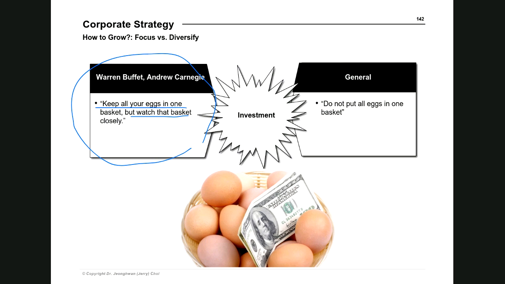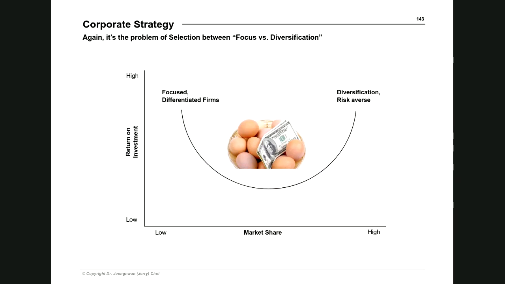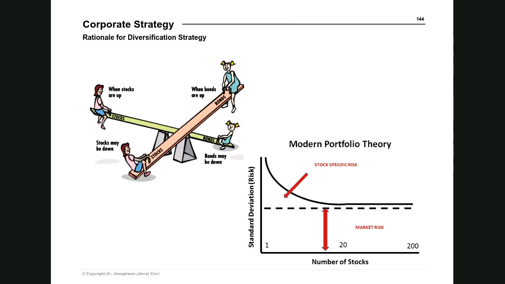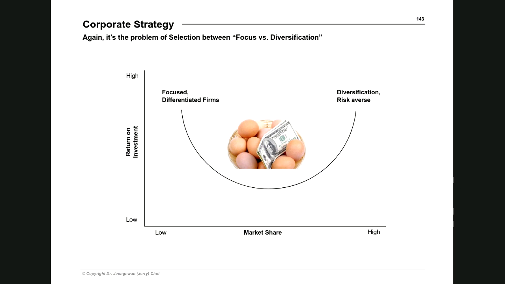So my point is, even though you learned the diversification strategy from finance or science, I want to say you must make your own choice. You sometimes need this. Many times, I think, not sometimes.